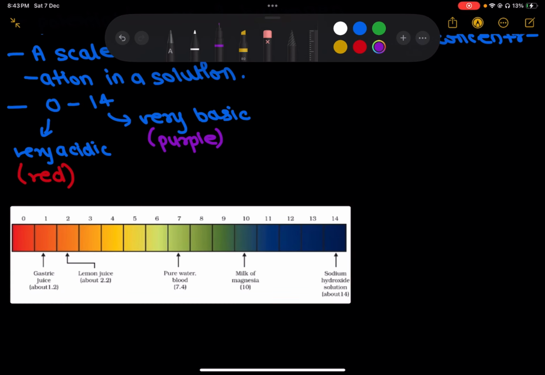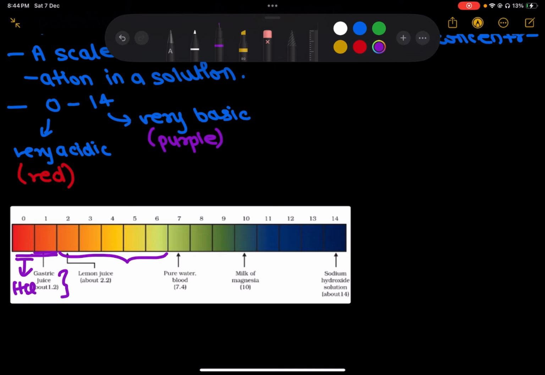This is the picture of the pH scale given in your NCERT, the diagram of the pH scale. As you can see, 0 is very acidic. 0 can be said for HCl, hydrochloric acid. Now gastric juice is 1. Again, very acidic. 0 to 1, very acidic. From 2 to 6, I'll say mildly acidic.